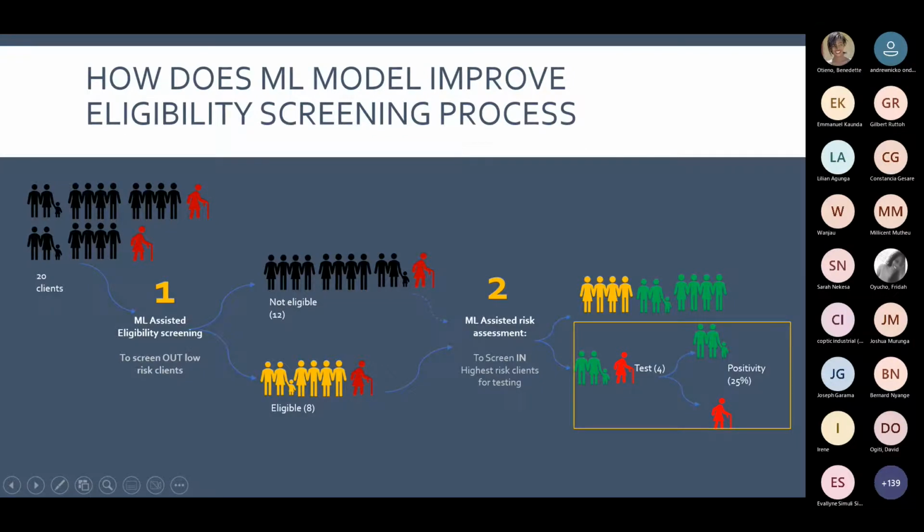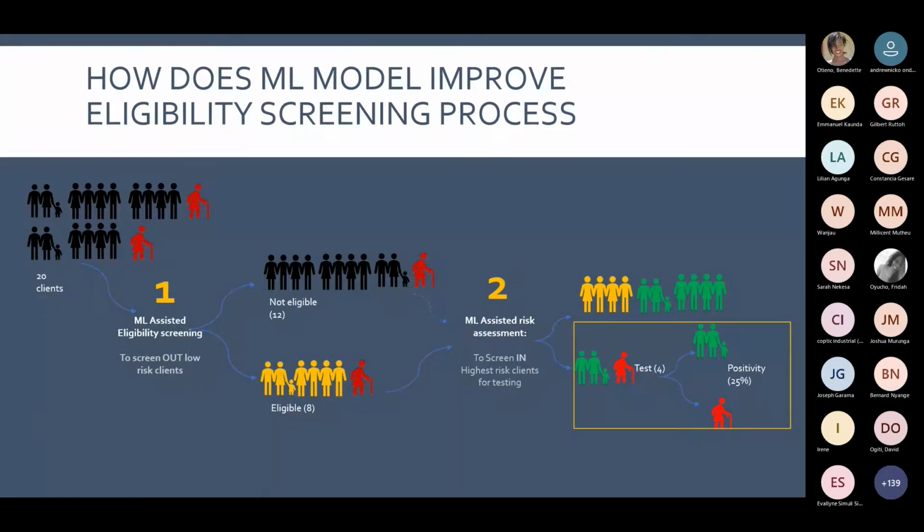Okay. So how does the ML model help improve eligibility screening? If you look at this diagram over here, we know that if you do screening manually, there are certain questions to which, if you find the same answers or the same assessment, you would always classify certain clients to be not eligible. So it is in that kind of setting that we thought to, in number 2, have ML assist with that risk assessment.